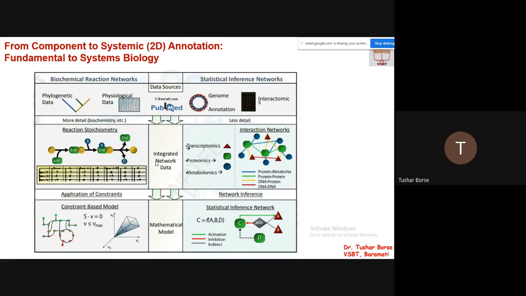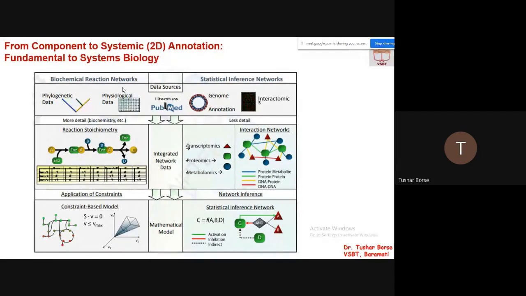To continue with that, there are two types of networks which can be generated. You can see a comparative account given here. One can be called the biochemical reaction network, and the other can be called the statistical inference network. The basic difference between these two is that the biochemical reaction network is realistic.